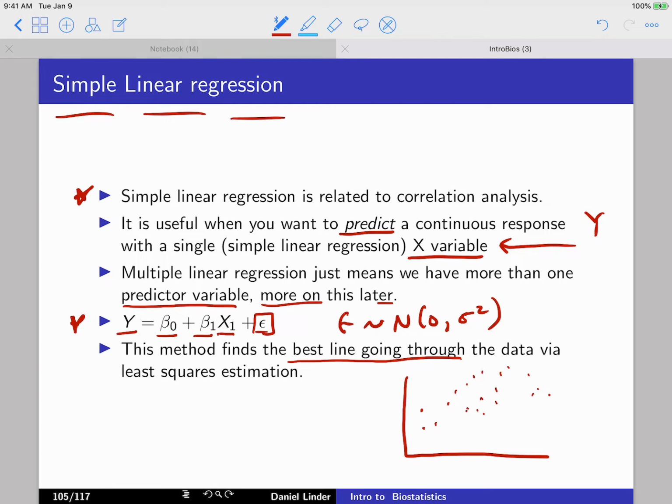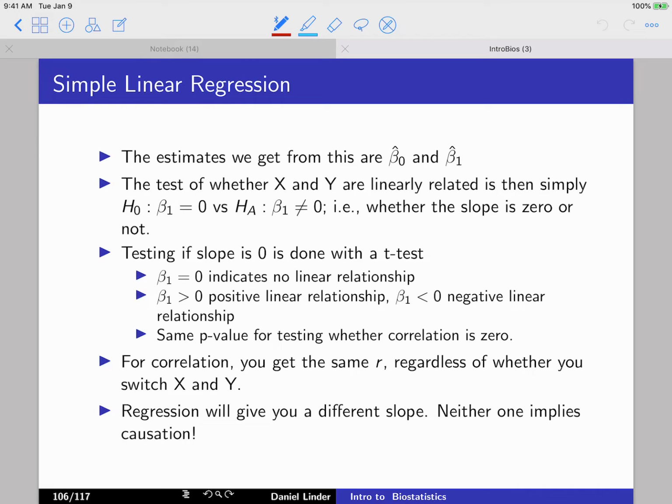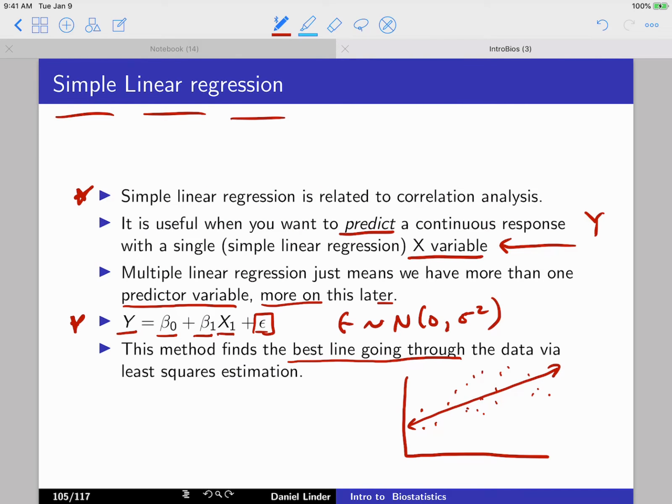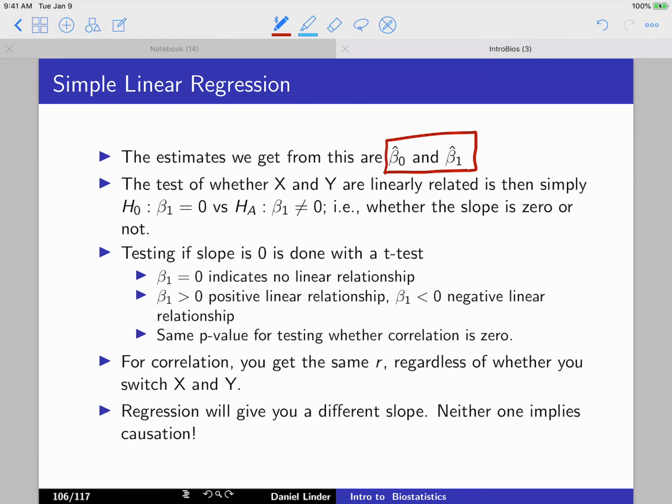A linear regression would try to find which line fits through this cloud of points the best. In order to do that, essentially what we have to find is beta naught hat and beta 1 hat that make this line fit through these points as best as possible.